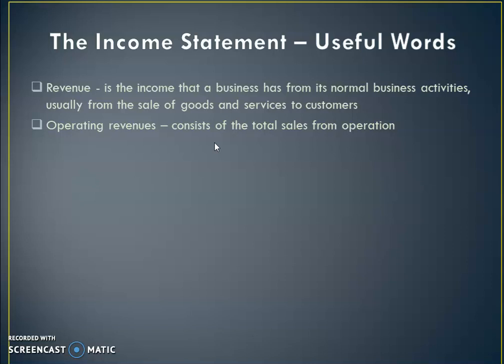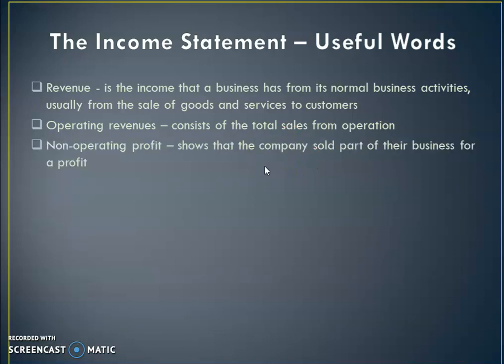This one consists of the total sales from operation. Okay. Another one here is non-operating profit. This one shows that the company sold part of their business for a profit.